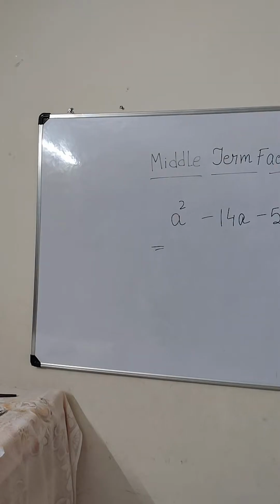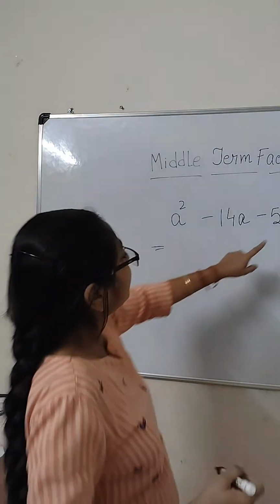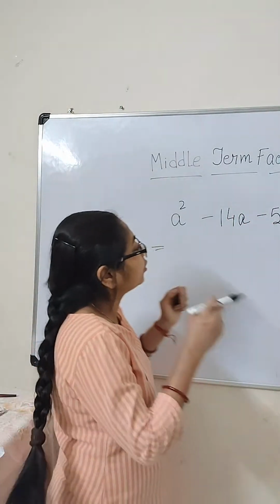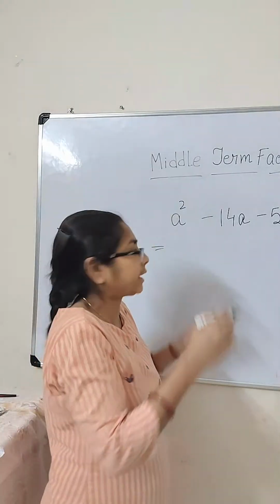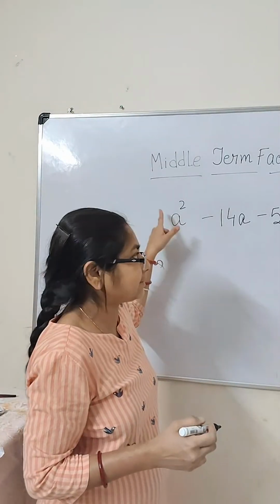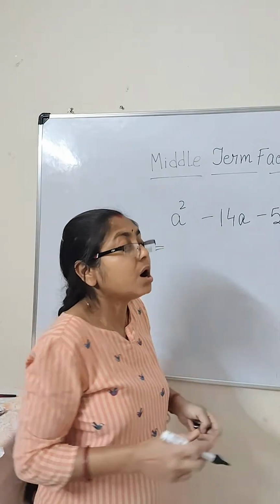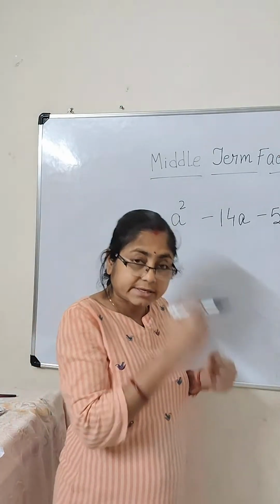Please complete the maths. What are the rules? First you check if there is any number or not. Yes, there is nothing, so it is 1. Why do I start from this step?